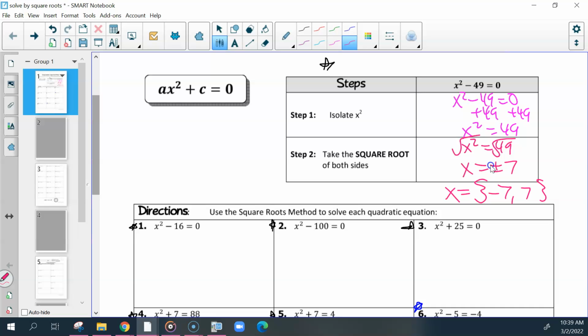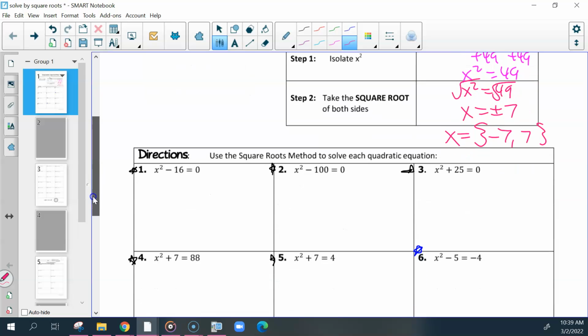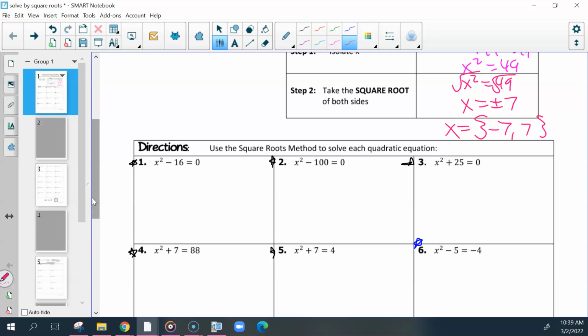Yes. For these, you will always put the negative, yes. Just like what I said earlier, because negative 7 times negative 7 is also positive 49, all of them will have that same thing. Any other questions on that before we move on?